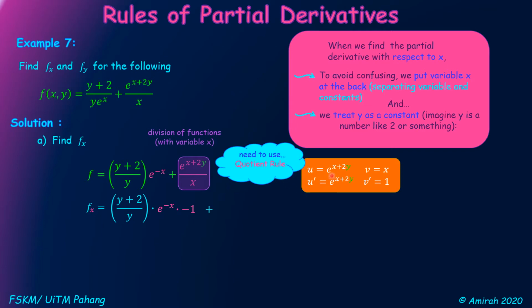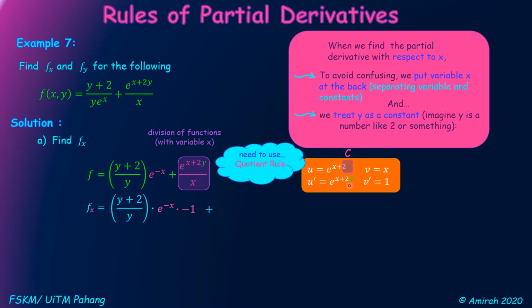Then we differentiate e to the power of x plus 2y. Y we treat as a constant, so y times 2 equals a constant. So we just imagine we differentiate e to the power of x plus 4, let's say. We will get back e to the power of x plus 4.